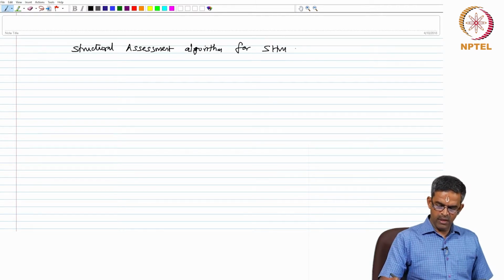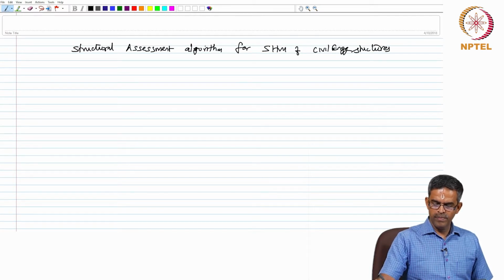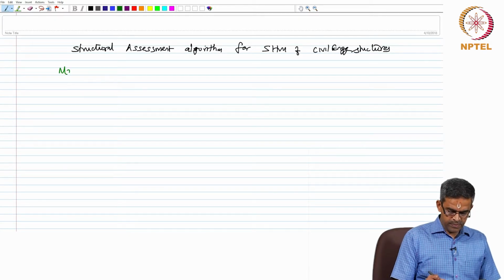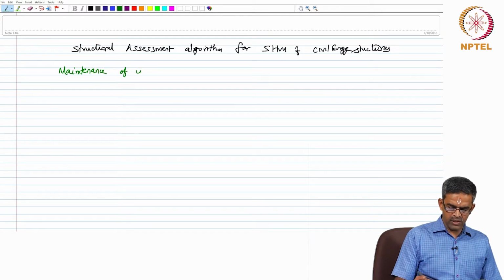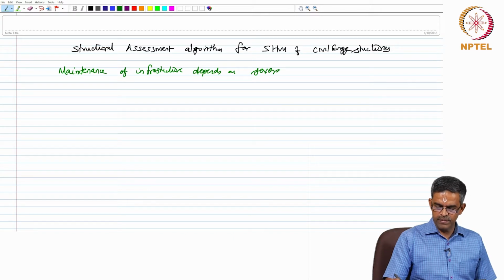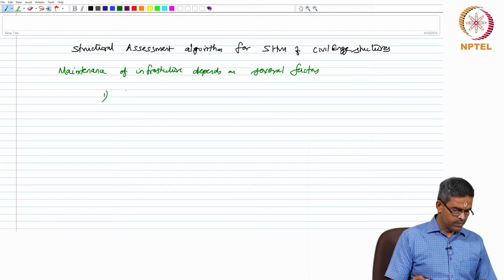Structural assessment algorithm. Structural health monitoring of civil engineering structures. We do agree on a major issue that maintenance of infrastructure depends on several factors. One, the importance of the structure itself.